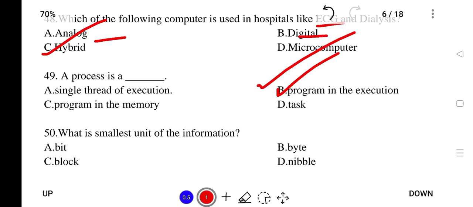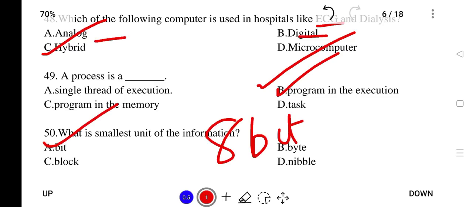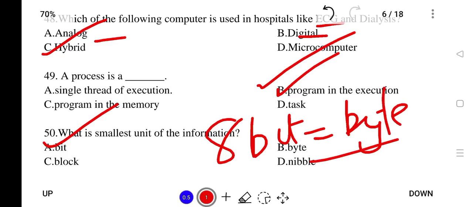Question number 50, the last question for today, what is the smallest unit of computer information? The smallest unit will be the bit. Remember this. With this the computer portion has been completed.